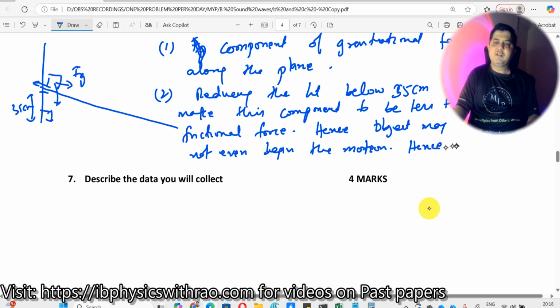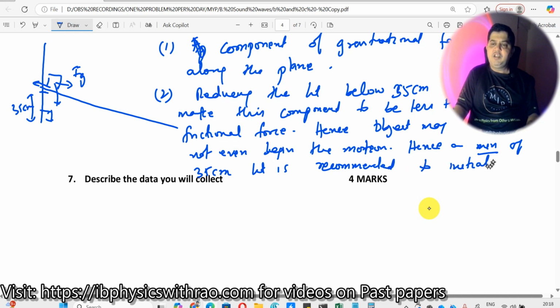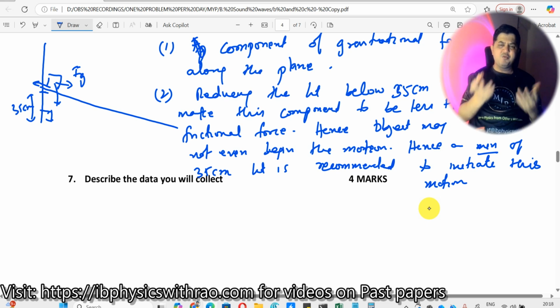Hence, a minimum of 35 centimeter height is recommended to initiate this motion. Right? The entire story has been done. I think only for 2 marks, should I write so much? Start writing, the ideas need to evolve. It's always better to write.